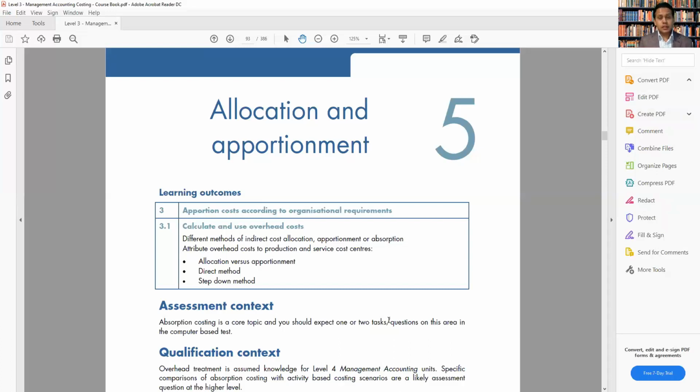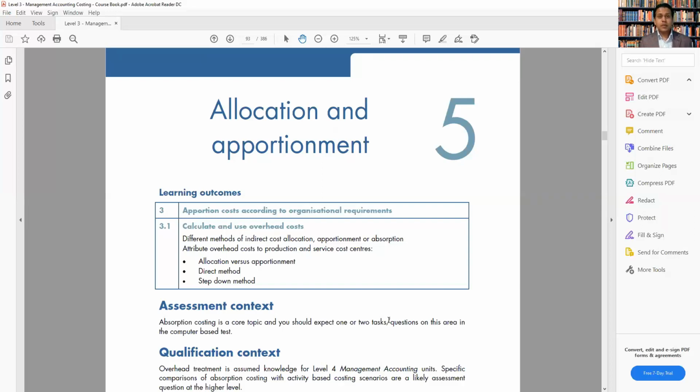For example, let's say in a factory, we have an office, a sales team, a production space, an accountant office, an admin office.